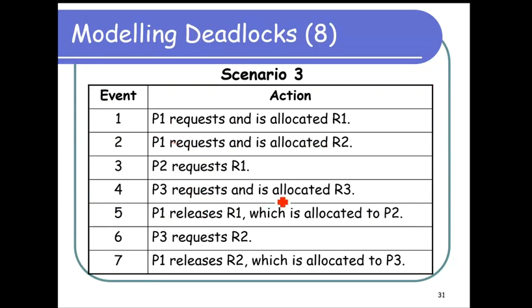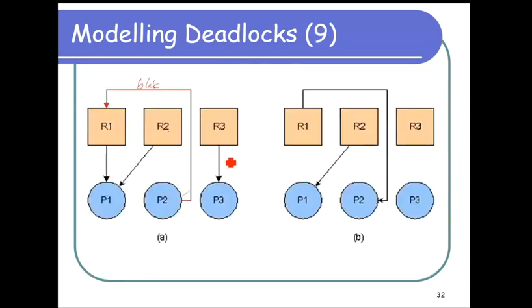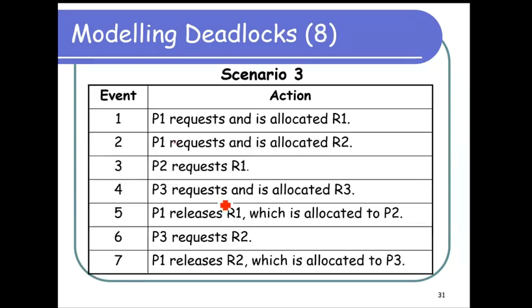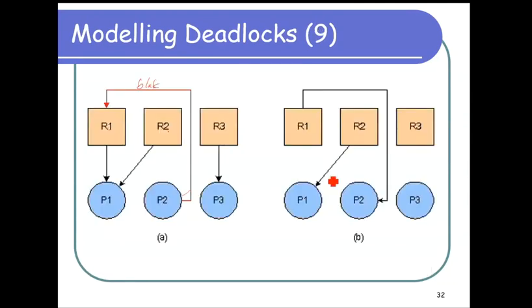P3 requests and is allocated R3, so R3 is now serving P3. Now step 5: P1 releases R1, which is then allocated to P2. P1 has already finished the process and doesn't need R1 anymore, so it's free.